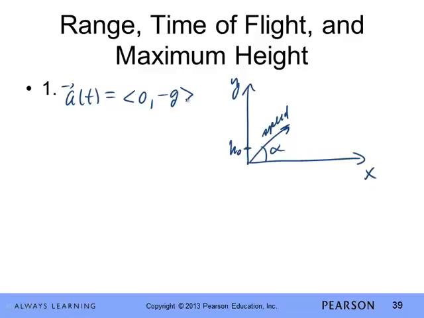Now, as you read through that section that starts with range, time, maximum height on page 844, we are assuming that the motion of the object begins at the origin. So there is no initial height except at 0, right?